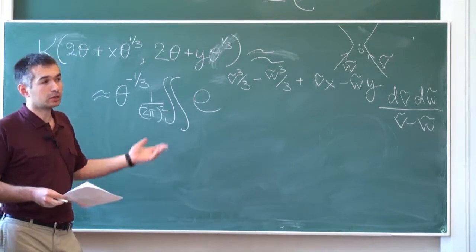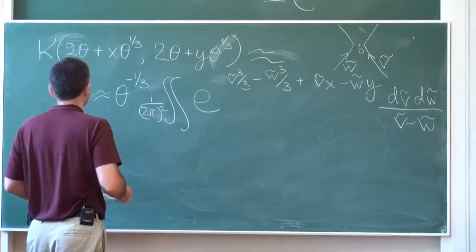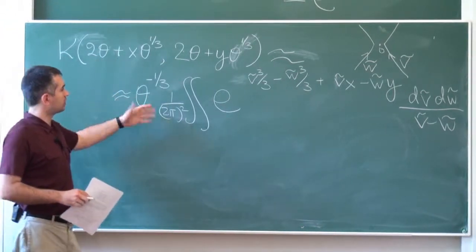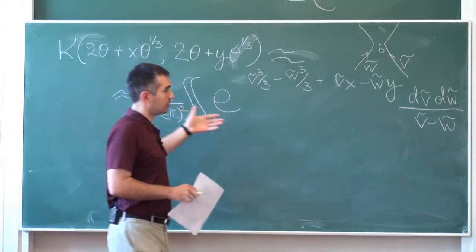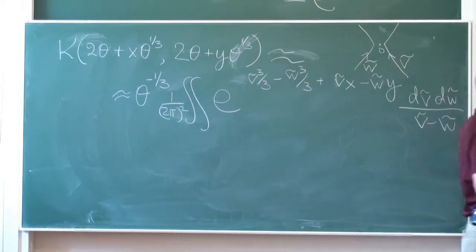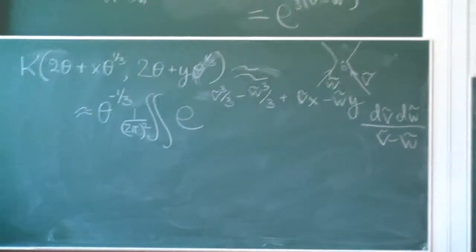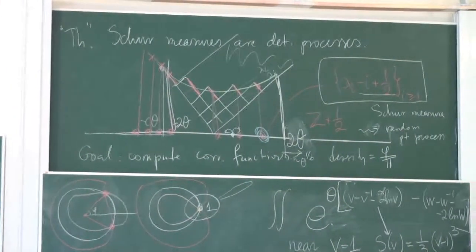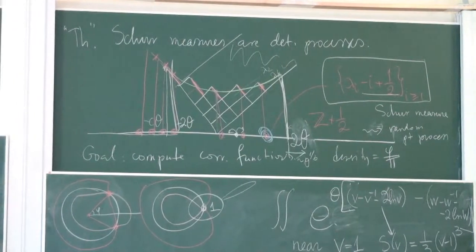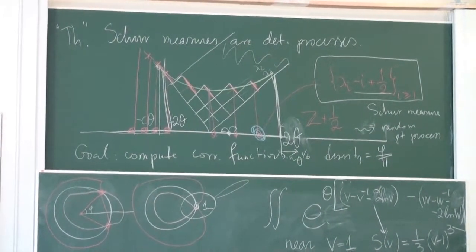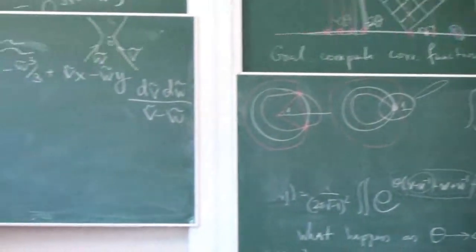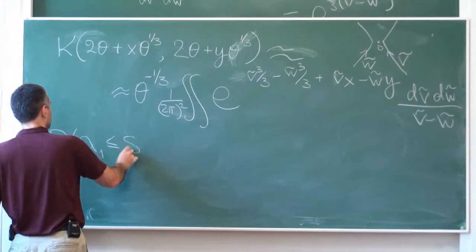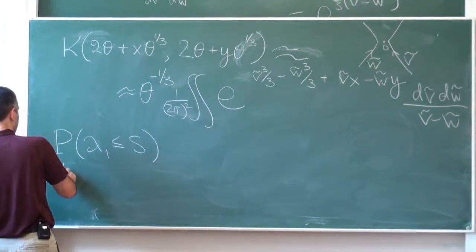Now, why near the edges of the spectrum? Why is it useful? Well, if we look at the density function, we see that this is approximately of size theta to the minus 1/3. So the particles are approximately spread out by the size theta to the 1/3. And then finally, if I want to look at the probability that my first particle, lambda 1, is less or equal to something, so this is my last passage percolation time.